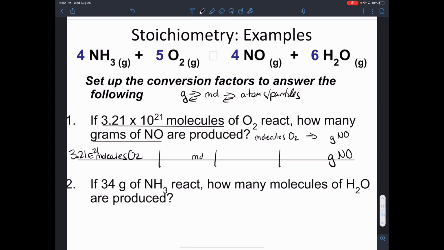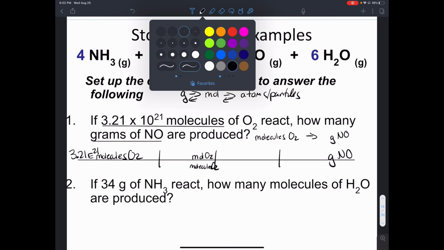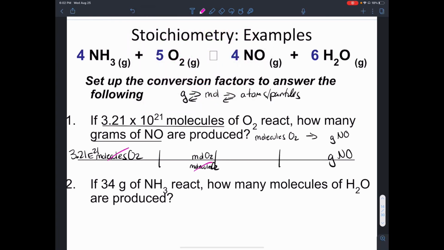So moles of oxygen from molecules. That will cancel the units, molecules, and I'll be left with moles. Remember, once you get to moles, then you can switch to the species you were asked about, moles of nitrogen monoxide, using the balanced equation.